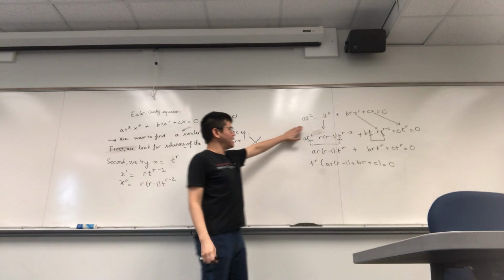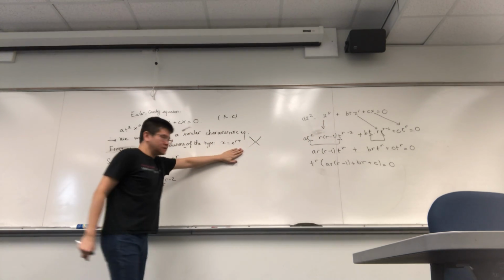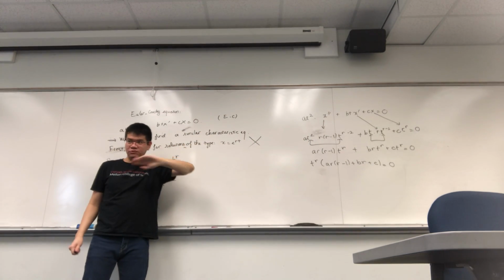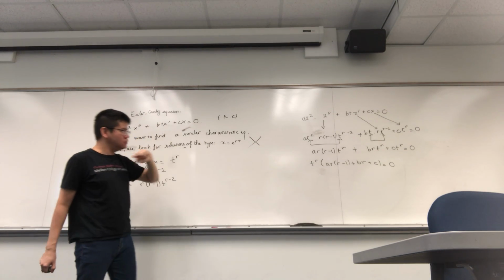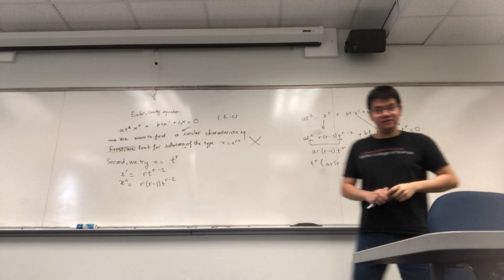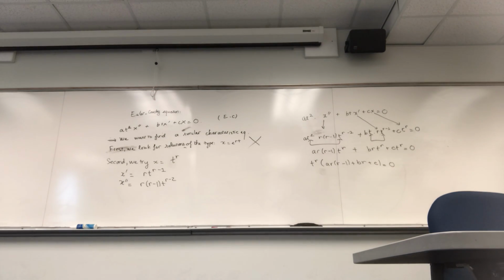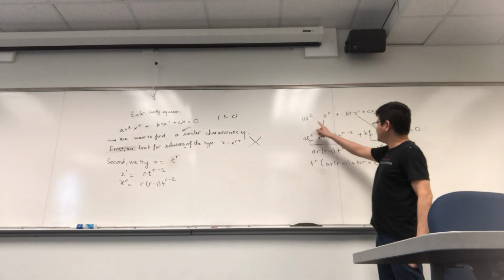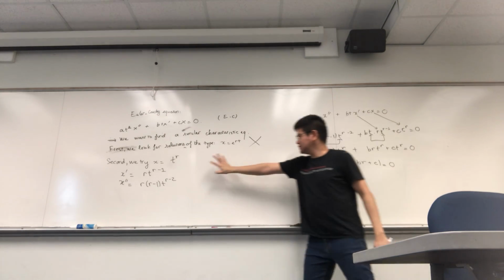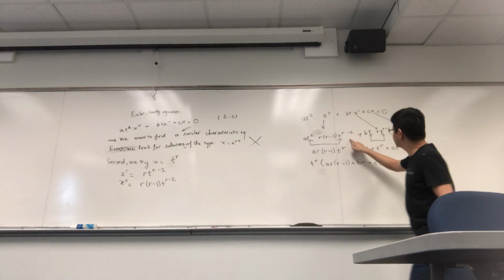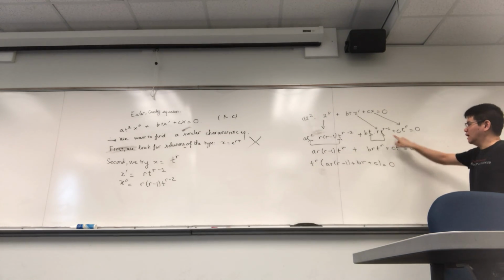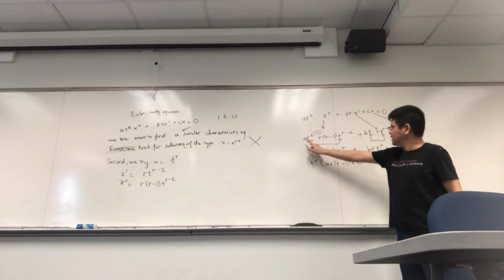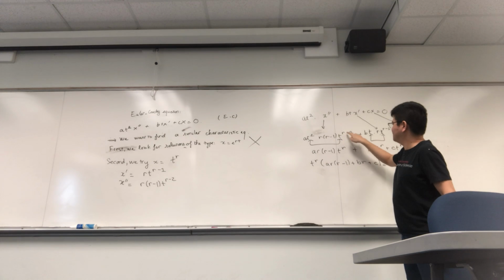Right, so I explain again. You try the first guess, you don't get anything. You try the second guess, which is a genius idea of those people back in the 17th century. So what you get is that when you plug this second derivative here and this first derivative here, you get a t squared r times r minus 1 t to the r minus 2.